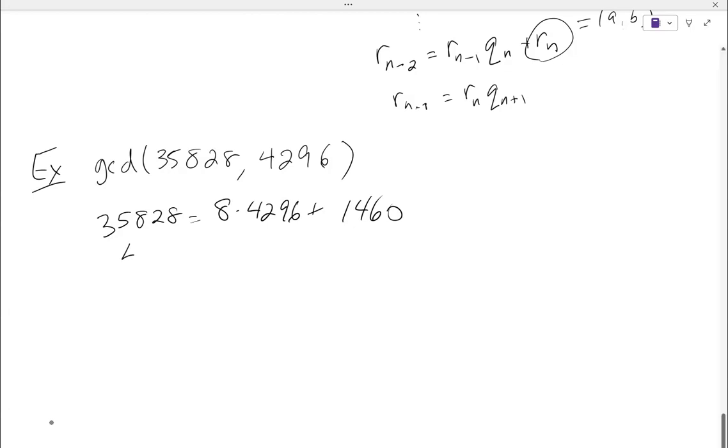So now we take the 4,296 and divide it by the 1,460. We get 2 times 1,460 plus 1,376. That one I can divide without a calculator. That is what, 84?